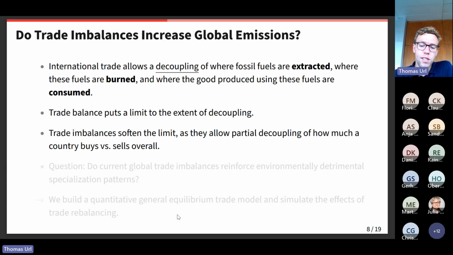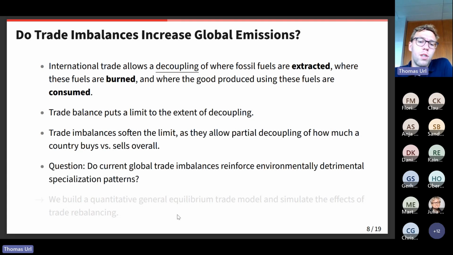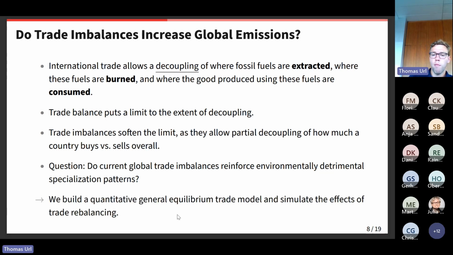So this comes to our research question: do current global trade imbalances reinforce environmentally detrimental specialization patterns? To answer this, you need to build a model, and we did. We built a quantitative general equilibrium trade model and simulate the effects of a rebalancing, because you do not know a priori how global production patterns shift worldwide when you limit or balance a country's trade.